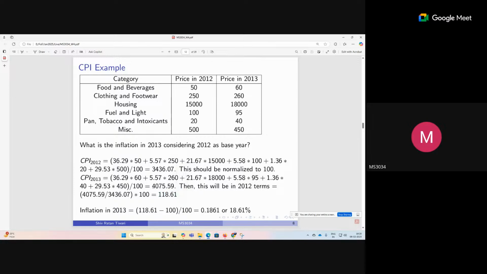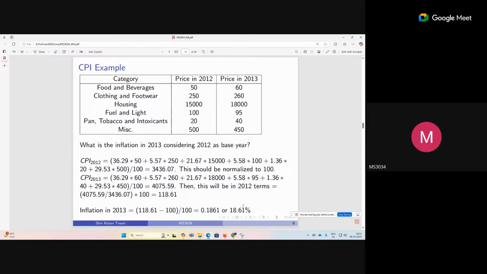Now if we have these numbers, we can calculate the inflation. Inflation is the CPI in 2013 minus the CPI in 2012, divided by the CPI in 2012. From that we get the average urban inflation in 2013. If these prices were there, then that was 18.61%.